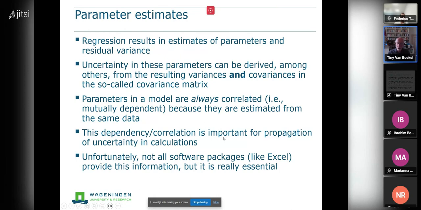If you are going to do risk assessment, for instance, and your parameters are strongly correlated, that may have a big effect. Unfortunately, not all software packages give this information, and especially Excel does not, which is really a shame, because I find it really essential. There are ways with macros in Excel to get them, but it should be standard.